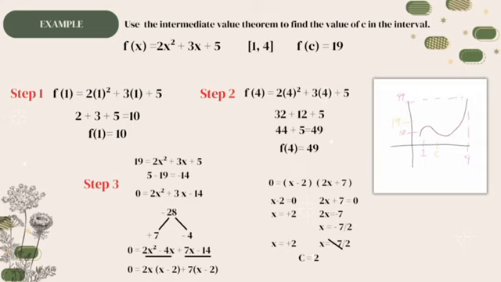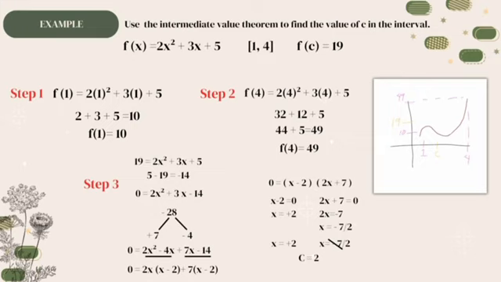So, now, we need to replace f of x with 19 and solve for x, which is going to be the c value. So, 19 is equal to 2x squared plus 3x plus 5. Now, anong gagawin natin to solve for x? First step is you should subtract both sides by 19.